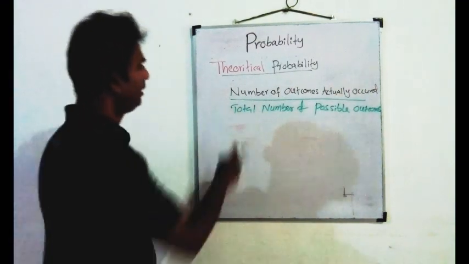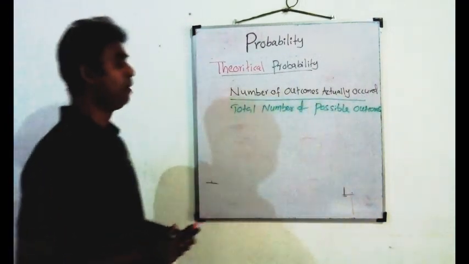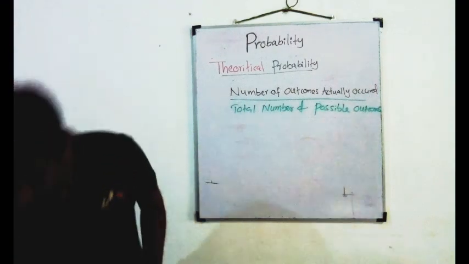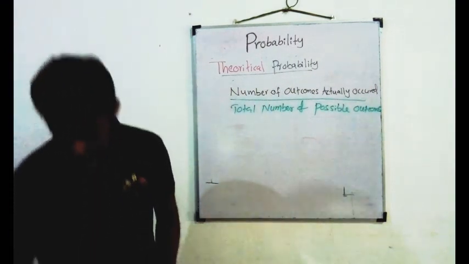Number of outcomes actually occurred, total number of possible outcomes. I will discuss an example.